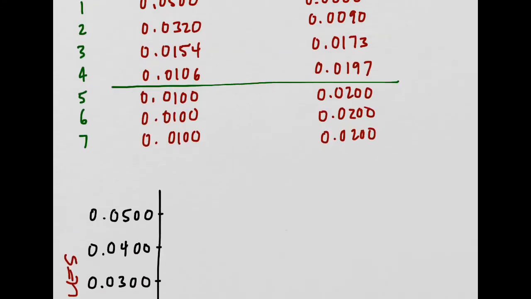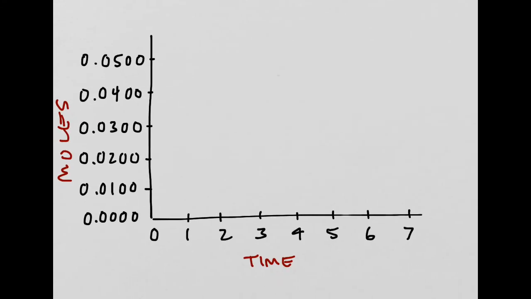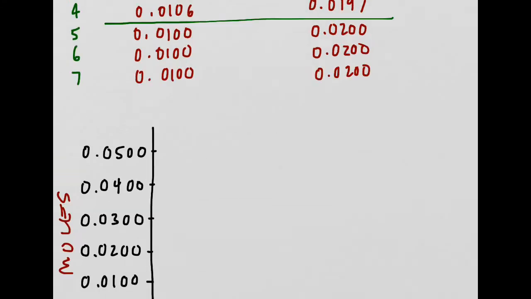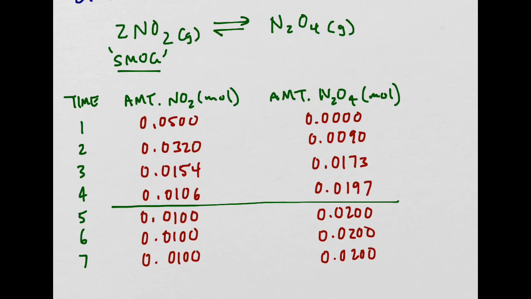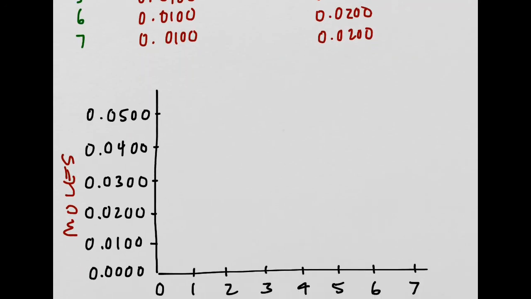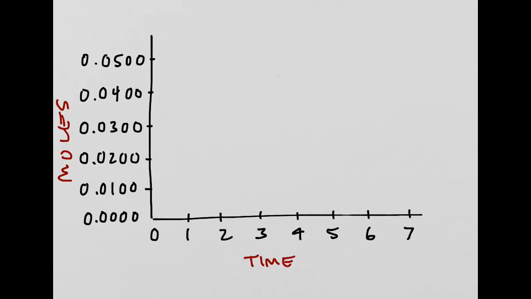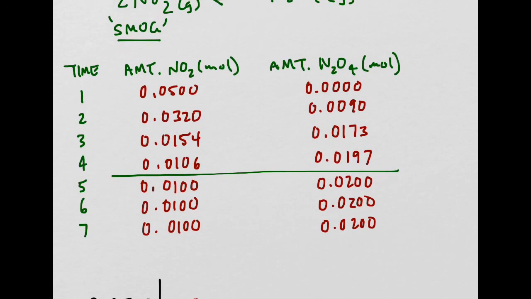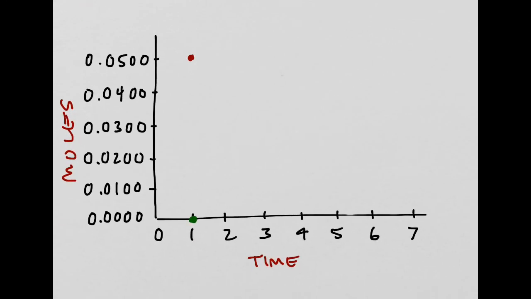If I were simply to take all this data and plot each one of the points on here, for example, for this first line of data where I have 0.0500 moles to 0, then if I go with the NO2 as red dots because they're the bad things, I have my NO2 right here, and in this case my N2O4 is down at 0. If I continue to simply plot this data, you'll see the trend.